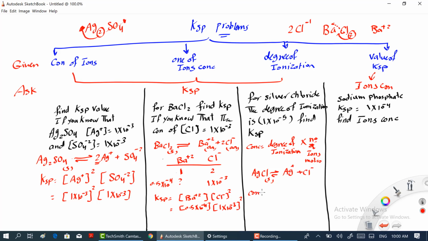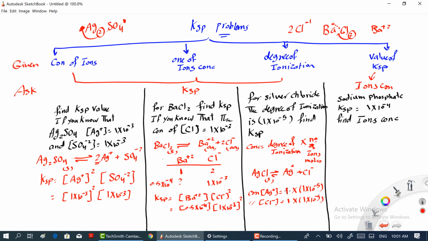Concentration of Ag positive equals the number of moles of ions, only 1 mole from the silver, times the degree of ionization, 1 times 10 power negative 5. Concentration of chlorine: number of moles from the equation, we'll find only 1 mole, times 1 times 10 power negative 5.